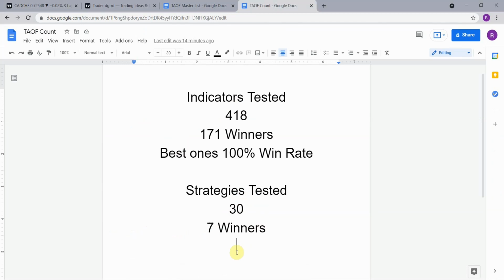We have also tested a total of 418 indicators, with a total of 171 winners, which means that they have met or exceeded the 60% win-loss ratio threshold that we have set for them. The best ones so far were able to achieve a 100% win rate. Now you need to go back and watch those videos to understand the context of how they were able to achieve that. So go back and watch those videos and see what you can get out of them.